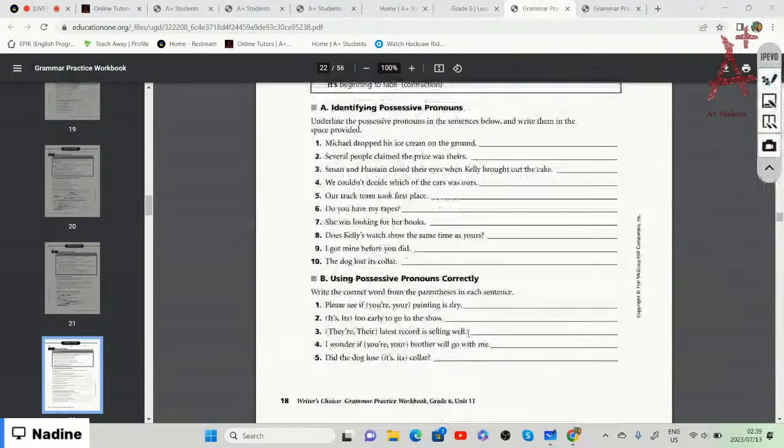All right, so now we are using possessive pronouns correctly, right? And remember, we said that we do not add an apostrophe. There are no apostrophes at all. Write the correct word from the parentheses in each sentence. Please see if your painting is dry, right?